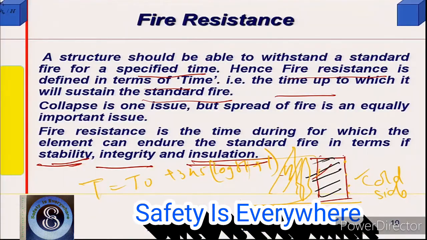And then the third thing is integrity. Now, how do you measure integrity? Integrity is measured in a very innovative way proposed by the experts. If a crack is seen, you continuously observe the cold side for a crack.